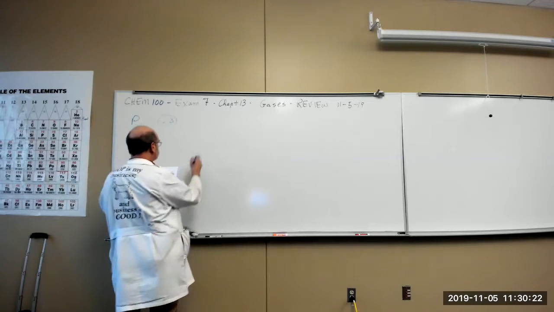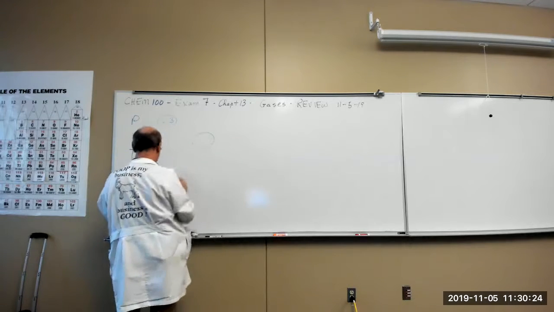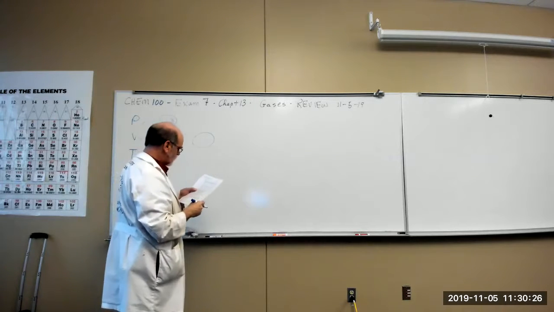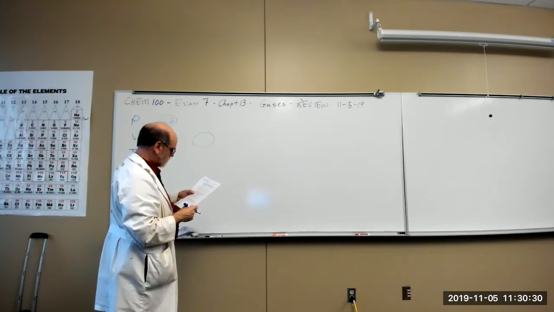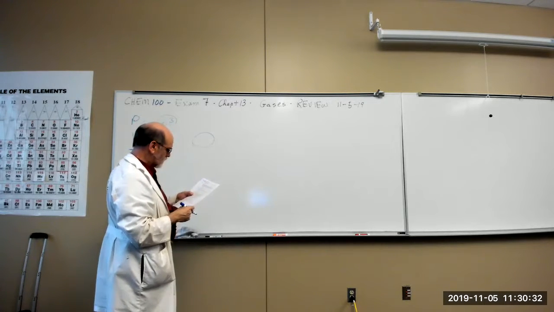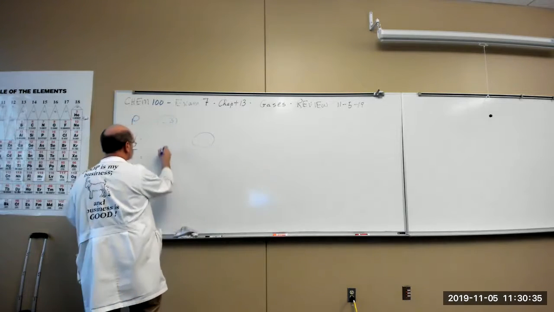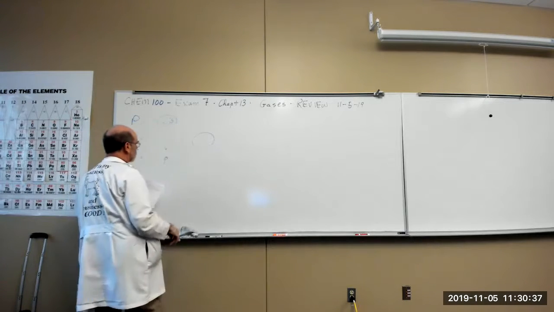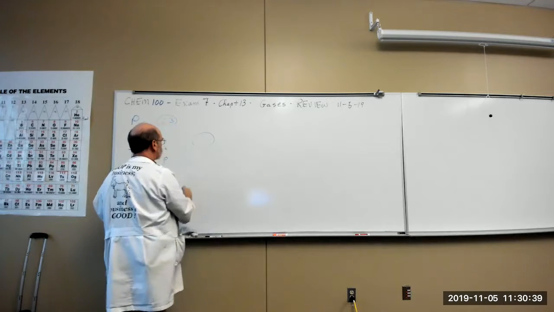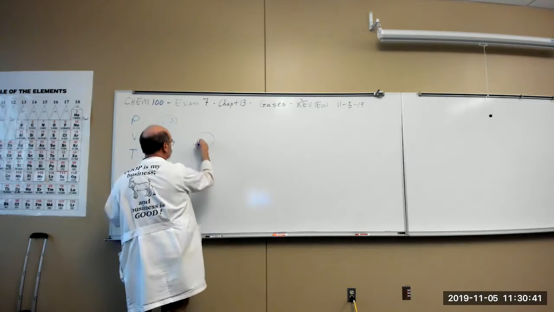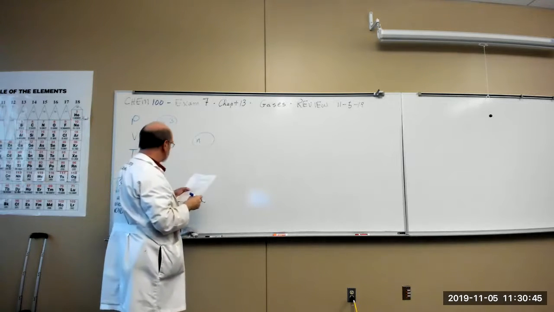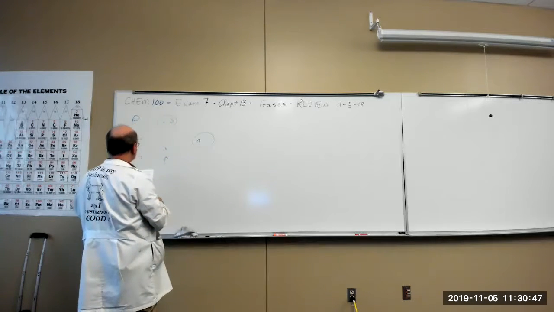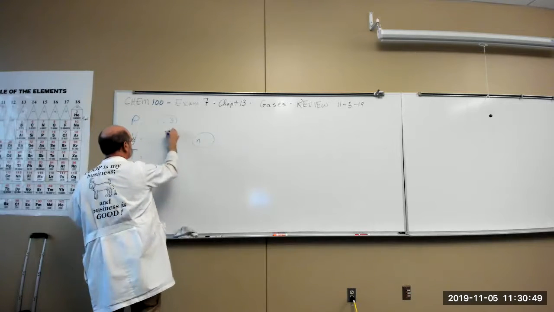So you got a balloon, and the answers talk about volume and pressure. Okay, so you got this balloon. Moles are going to be constant. Right? It's got a certain number of moles in it. Temperature changes.